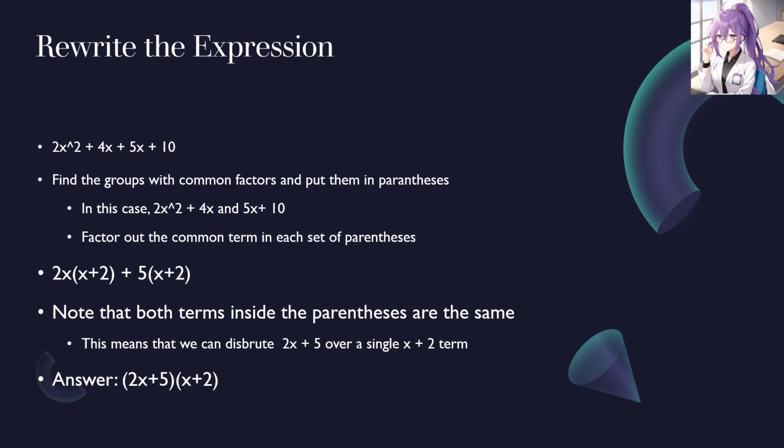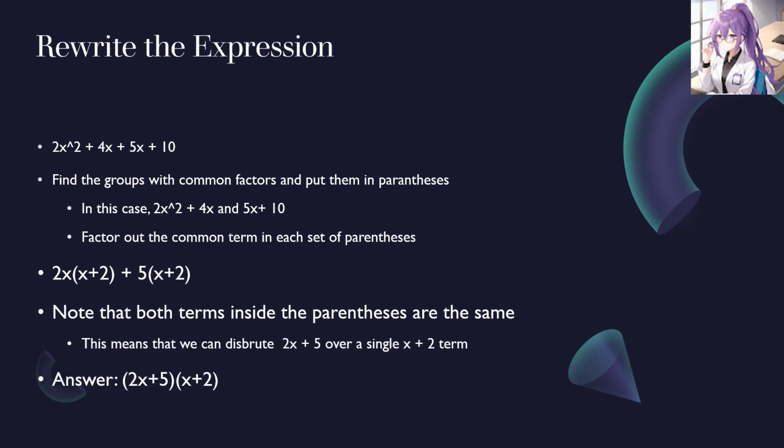Now we can see that both terms in the parentheses are the same. If you're thinking ahead, we're probably going to guess that this might have something to do with the distributive property and that's why this works. But we don't really need to focus on that right now.